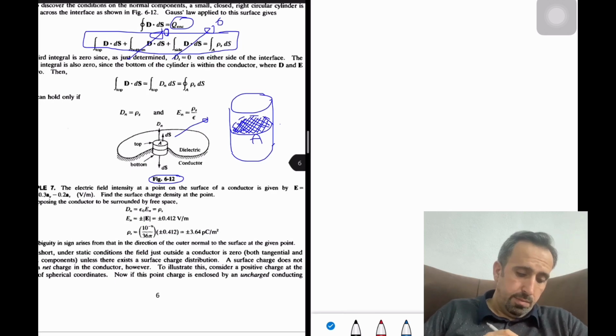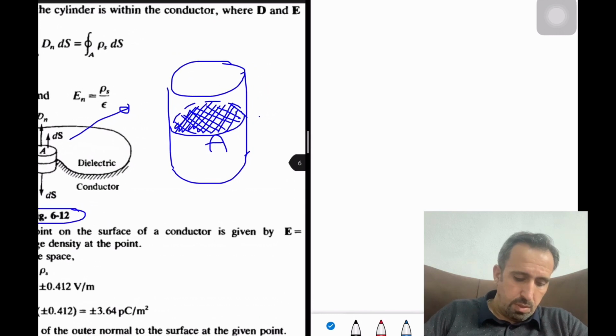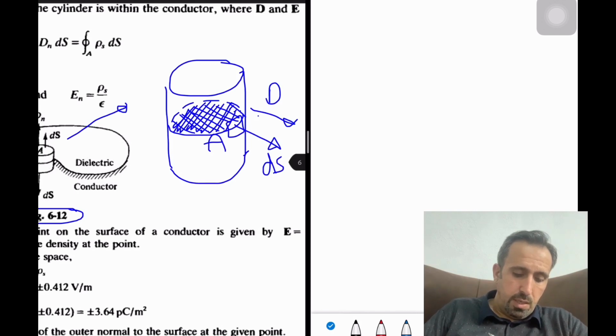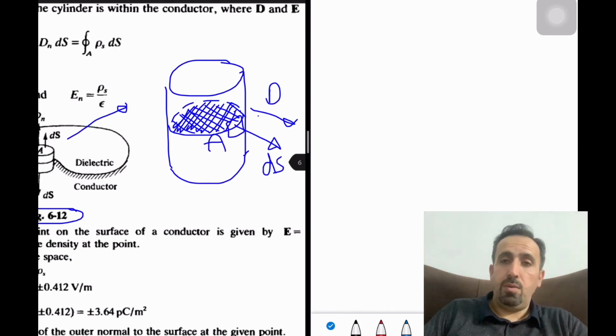Why? Because for the side, may I plot it here or even here? I can zoom this one. If you take a piece of side, for example here, this is ds, and if you want to think about a certain D, this D will not be a normal component, but it will be a tangential component.